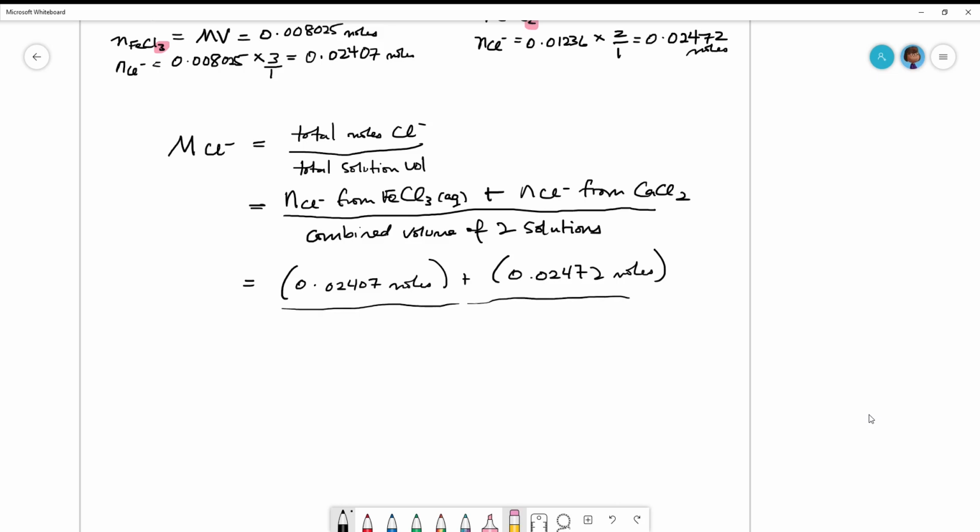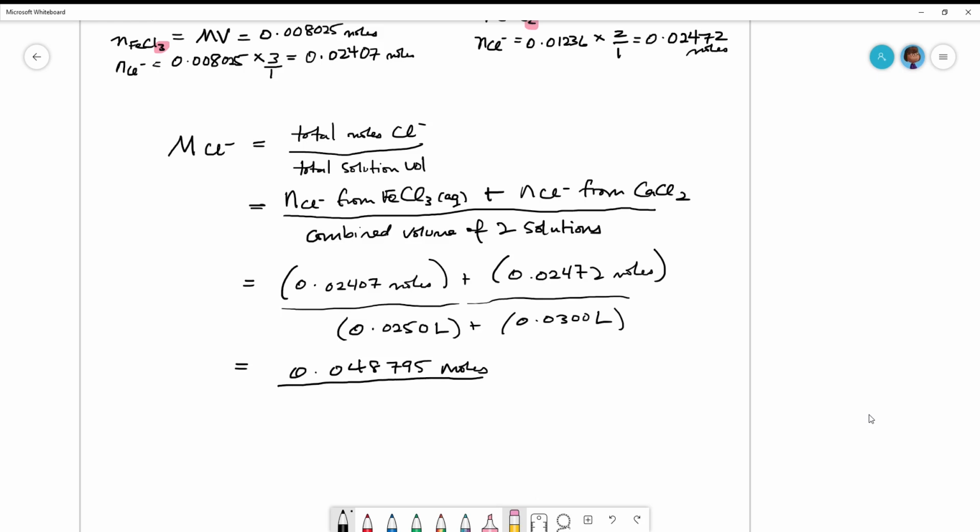We're going to divide this by the combined volume, and we need to use liters. The volume of the first solution was 0.0250 liters, and the second solution, 0.0300 liters. Adding these values together, we have 0.04879 moles of chloride in total in the final solution.